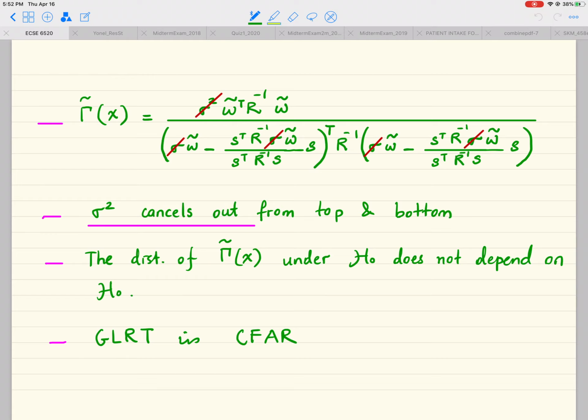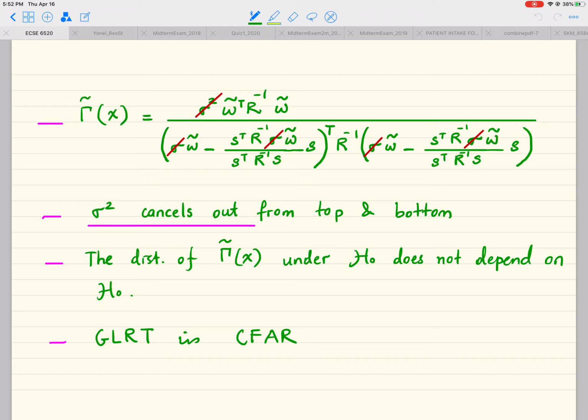Now we see that in this case we can actually eliminate sigma from the ratio. It cancels out, and what is left in the ratio, nothing depends on the unknown sigma.